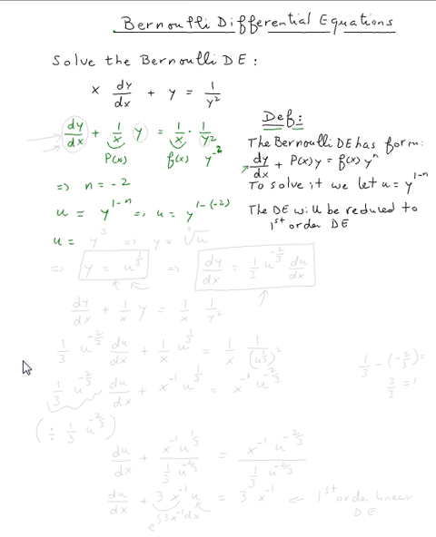So u is equal to y to the 1 minus minus 2, which is y cubed. Now what do we do? We always solve for y. So y is equal to the cube root of u, which means y is equal to u to the 1/3.